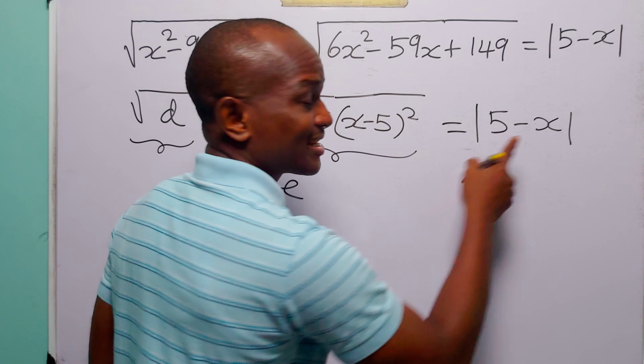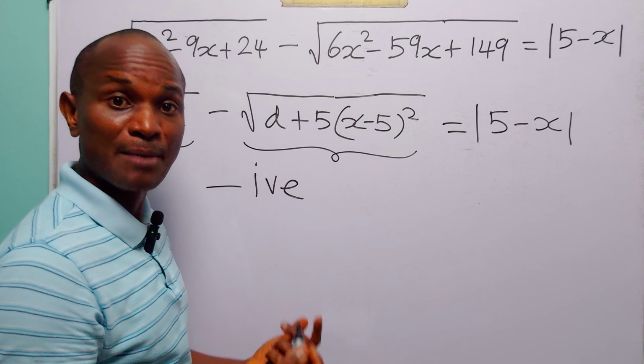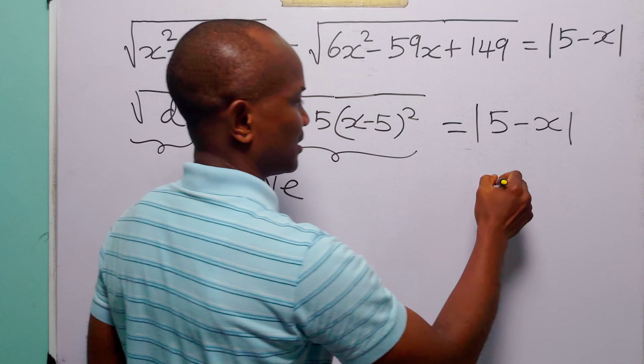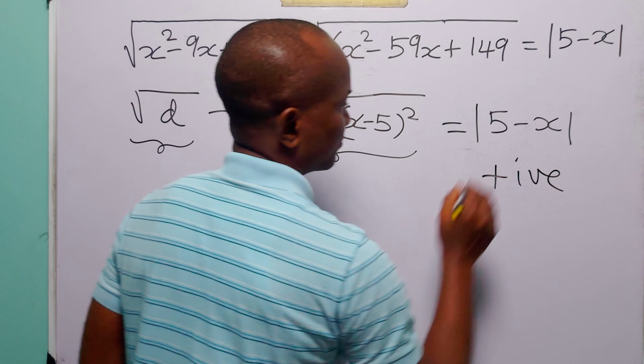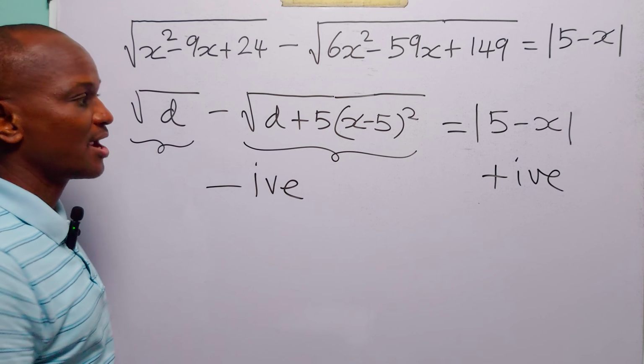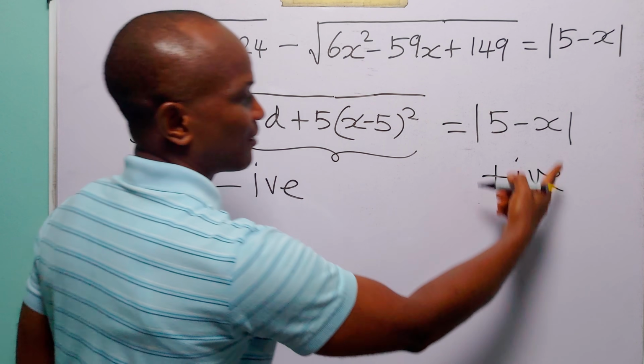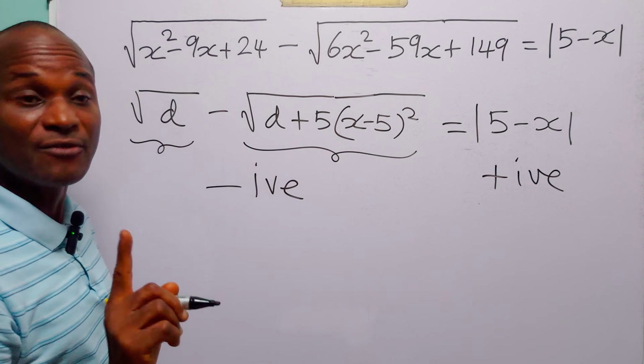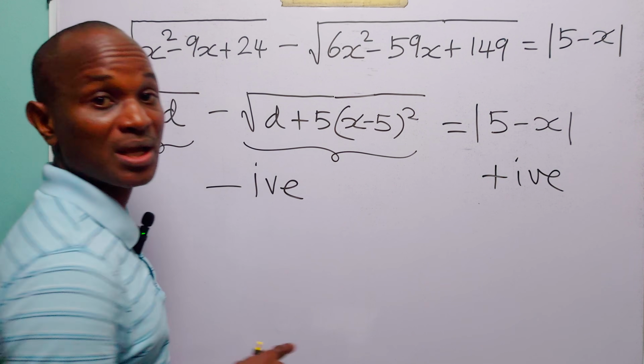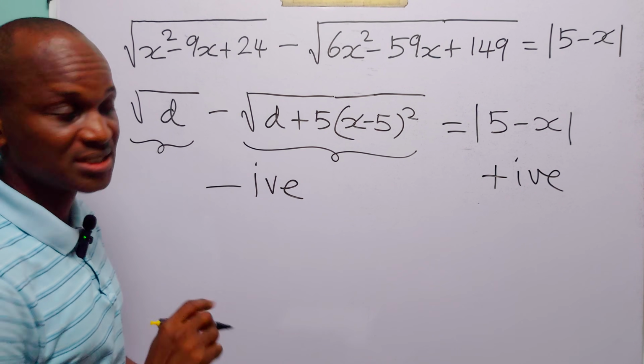But on the right-hand side of the equation, we have an absolute value, which must be non-negative. Now, you know that the only way for the left-hand side to be equal to the right-hand side is if both of them are equal to 0.